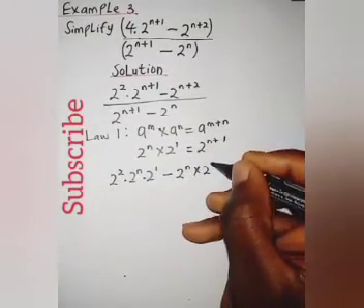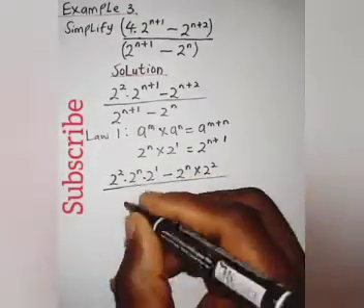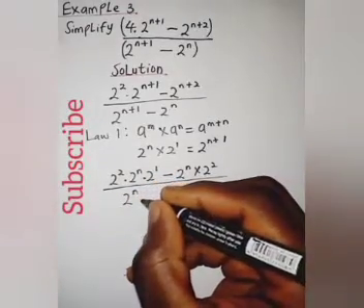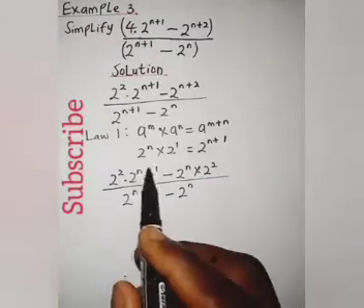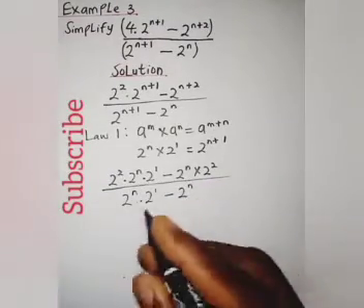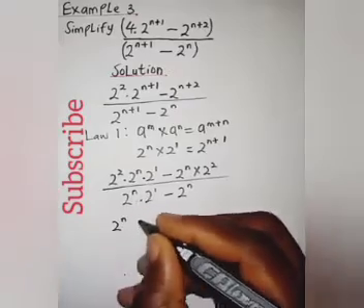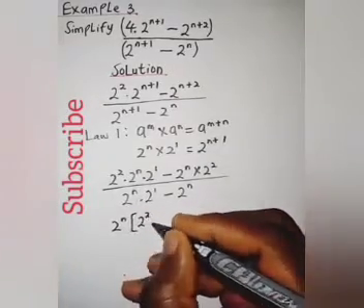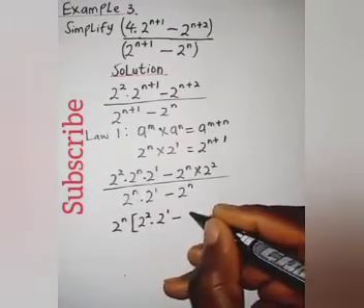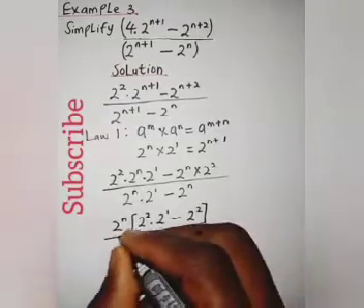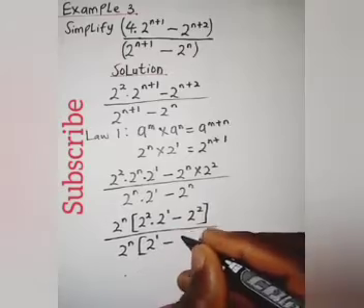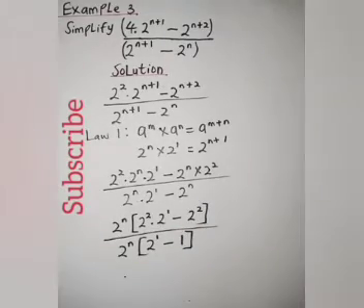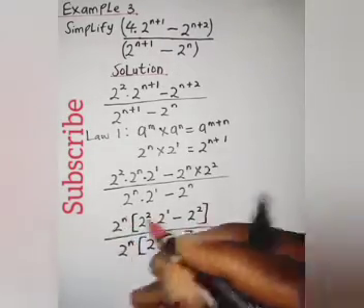So then 2 to the power of n, 2 to the power of 1, 2 to the power of n. I found out that 2 to the power of n is common here, and it's also common here. So I factorize it. Then I have something like this left. Then 2 to the power of n cancels out.